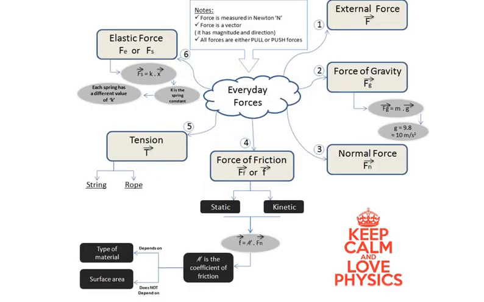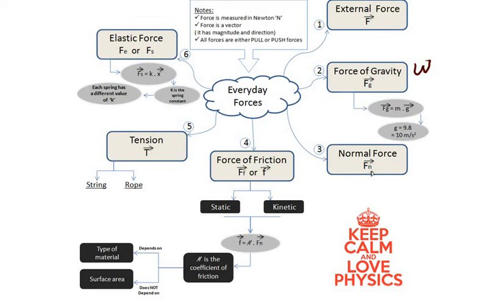Now, this mind map is a summary of everything we studied in this chapter so far. These are the different types of everyday forces. Firstly, the external force. The symbol F denotes any external force you apply, any push or pull force you apply on an object. The force of gravity Fg, or what we call the weight, is equal to m times g.